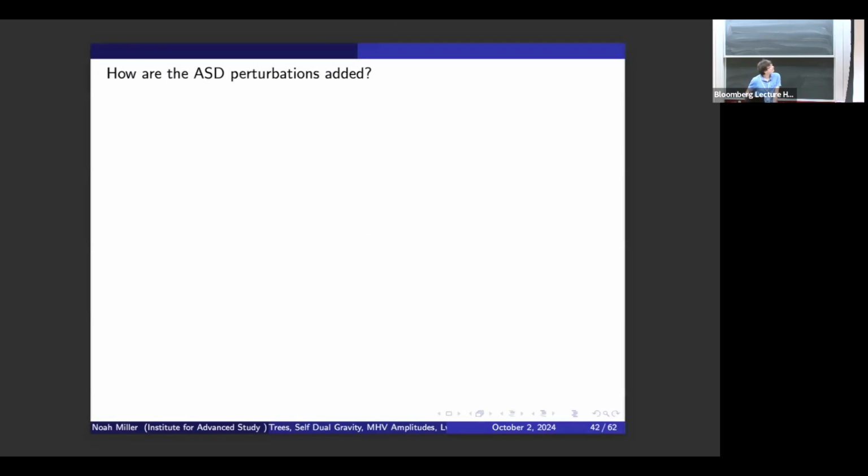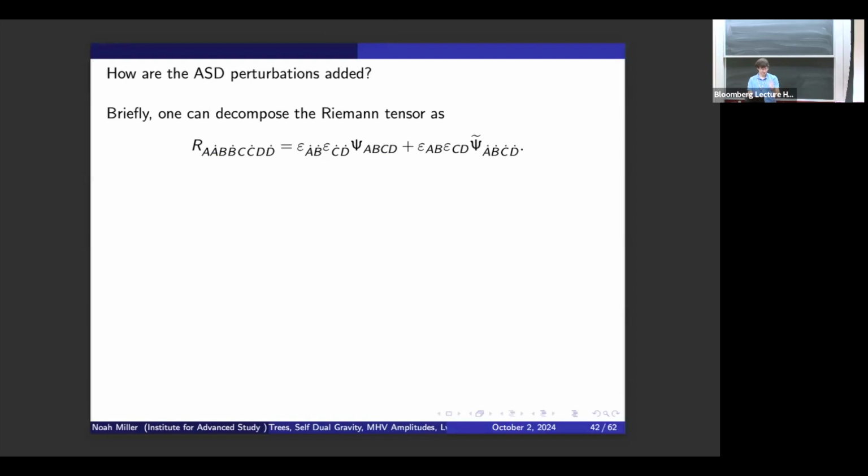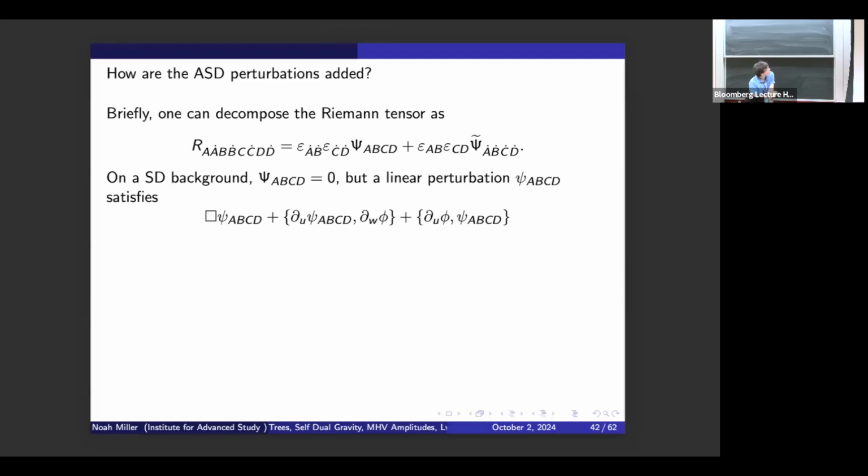Okay, so I've talked a lot about the self-dual perturbations, but how do we add in the anti-self-dual perturbations? I'll just outline generally what the idea is. You can always decompose the Riemann tensor into the anti-self-dual part, the self-dual part, and the Penrose scalars.